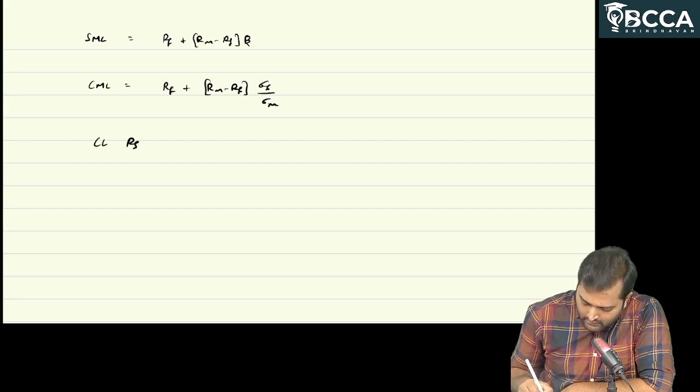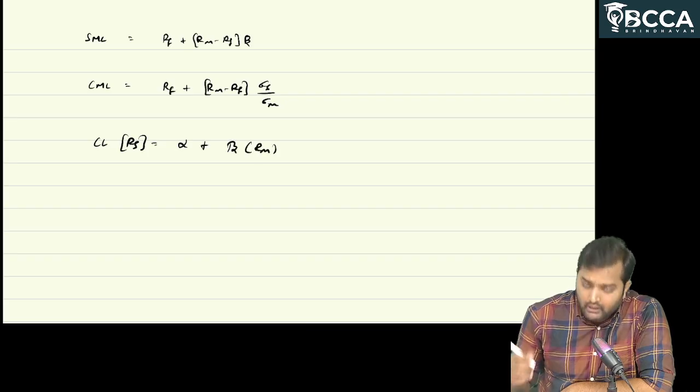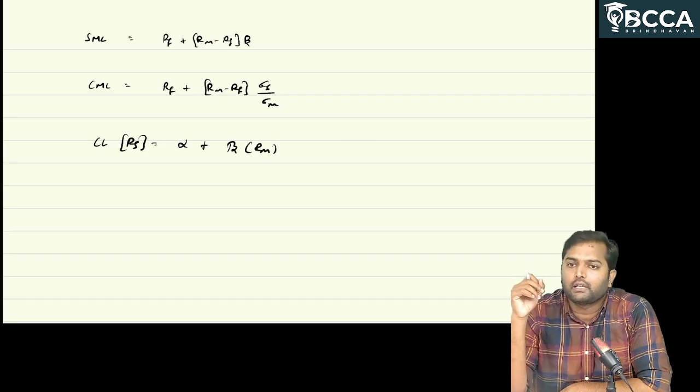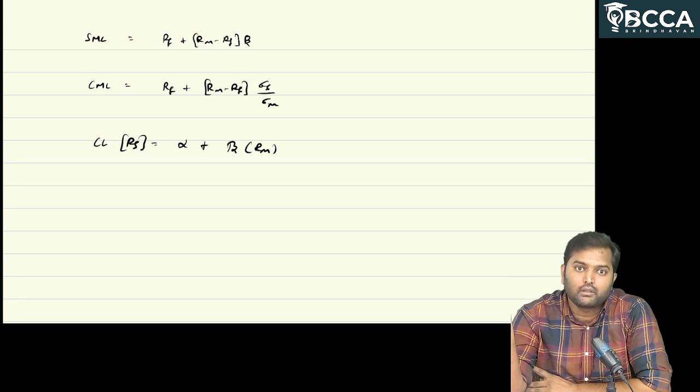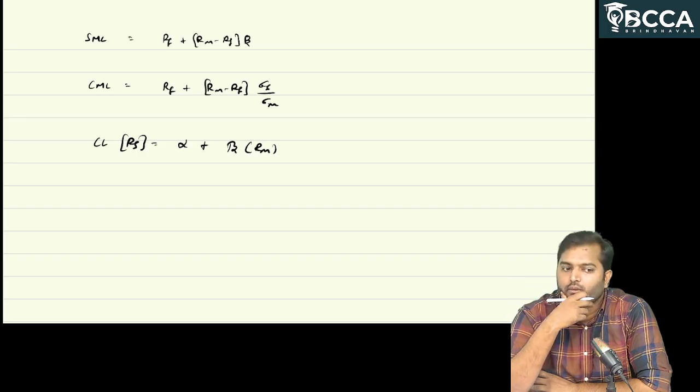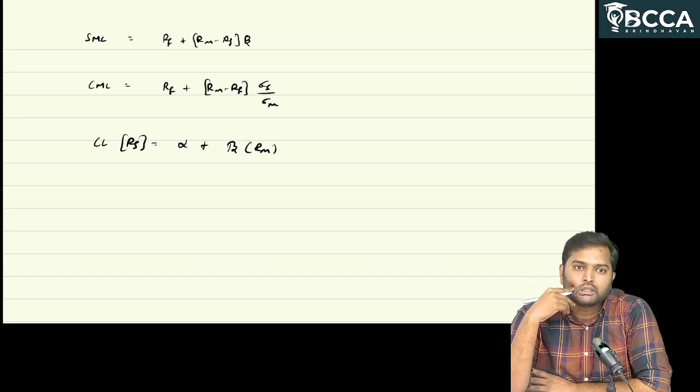Characteristic line: RS is equal to alpha plus beta into Rm. The characteristic line denotes the relationship between security return and market return. So security market line, capital market line, and then characteristic line.